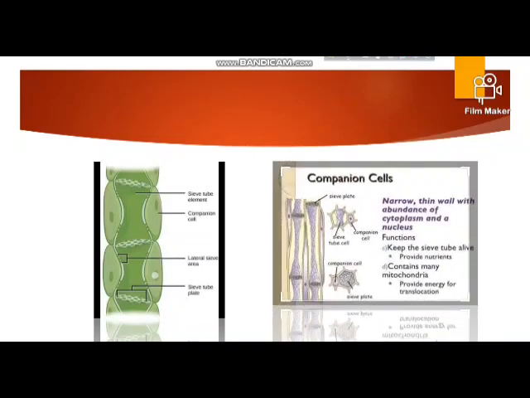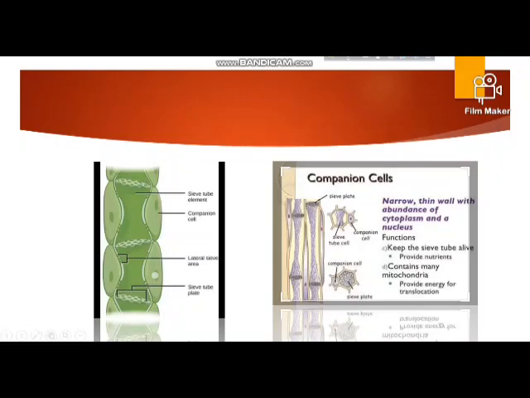The first one includes the sieve tubes. The sieve tubes are elongated tubular cells placed end to end like tubes. Their end walls have minute pores and are called sieve plates. Here's the sieve plate. At maturity, the sieve tubes lack nuclei and have very few organelles.